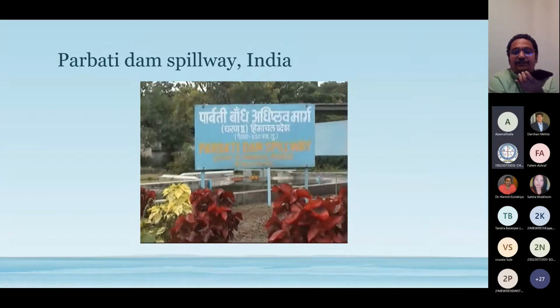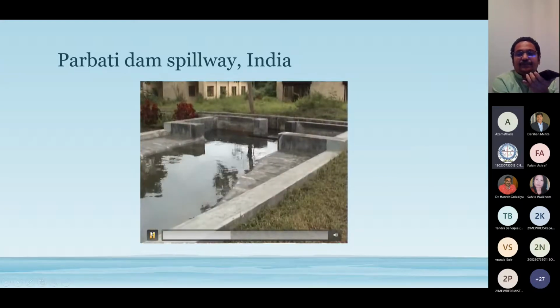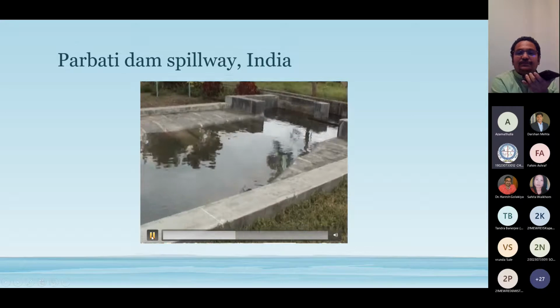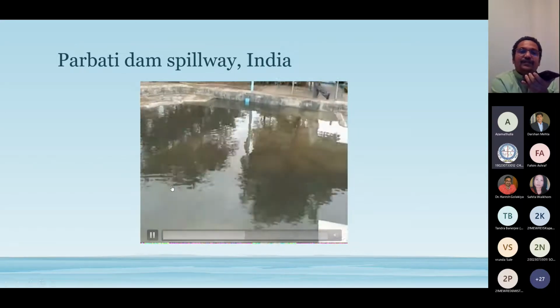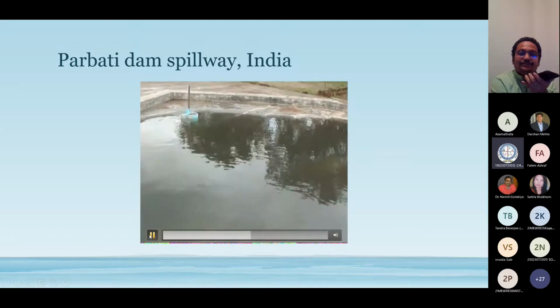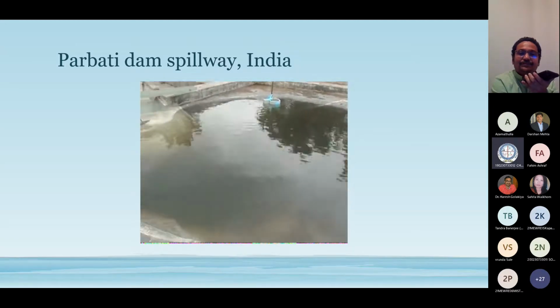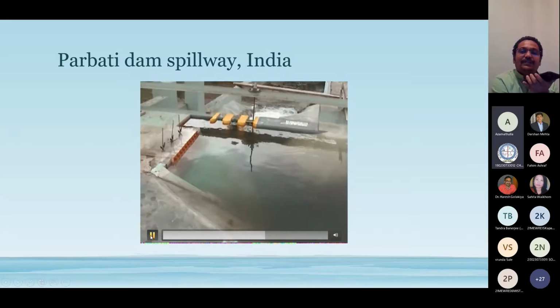I worked there in 1998, almost 20 years ago. So this one is the upstream view you are watching now. You can see here a strong vortex will take place in span number 1. So water level measurement.